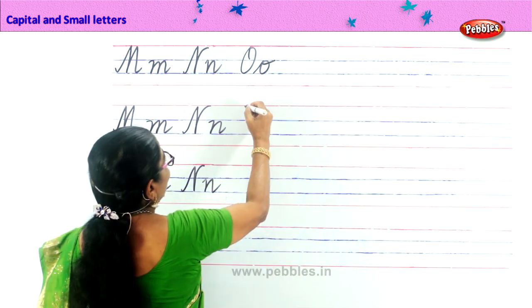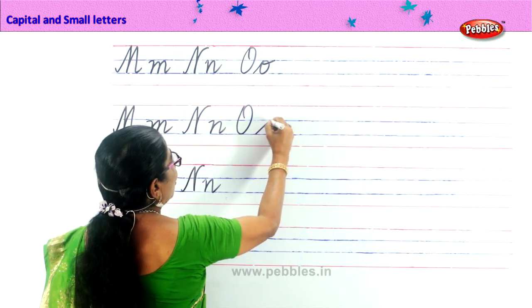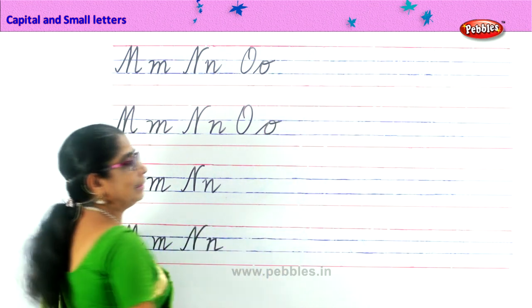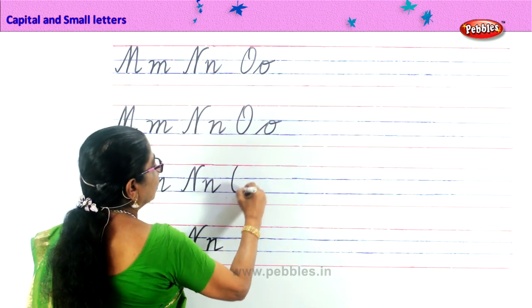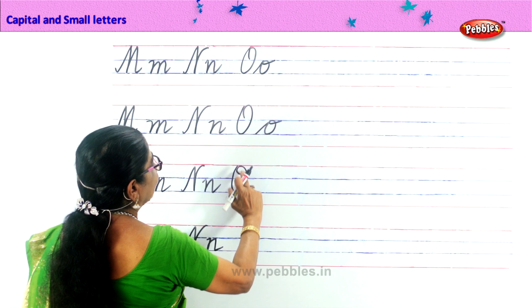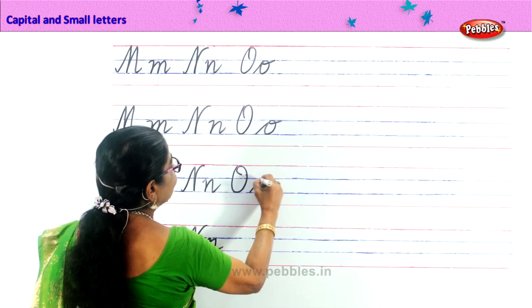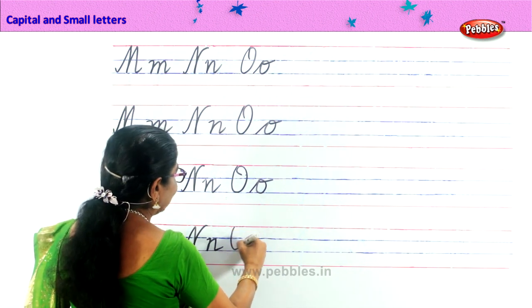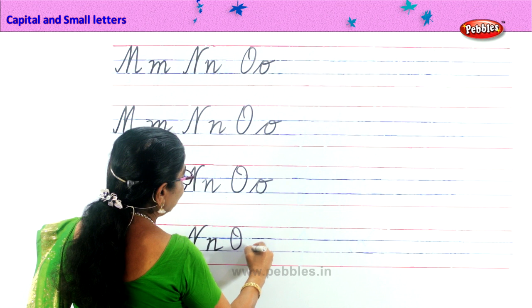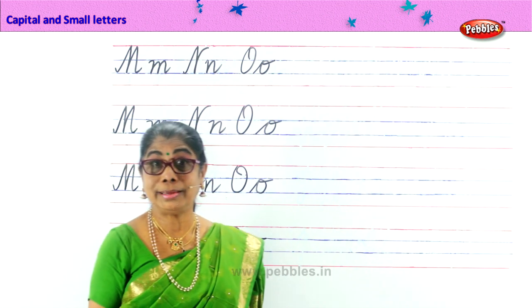The capital O goes like this and the small o is like this. The capital O stands on the 3 lines and the small o between the 2 lines here. Again, the capital O stands on this, small o stands between the 2 lines.